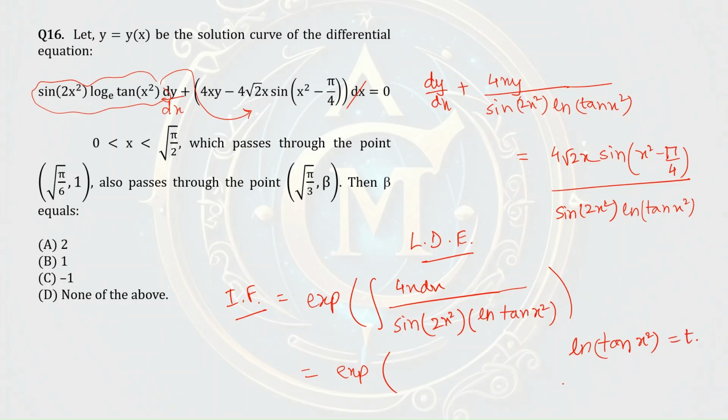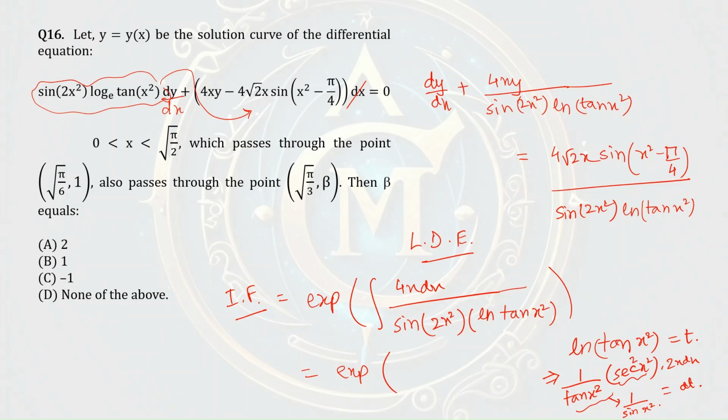That means if we differentiate both sides, it becomes 1 over tan x square times secant of x square times 2x dx equal to dt. And here if we simplify this a little bit, we will get this is equal to 1 by cos x square divided by sin x square times cos x square. So 1 by sine of x square.